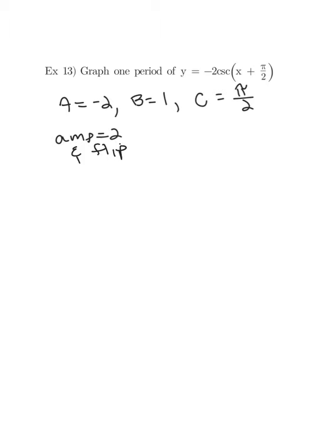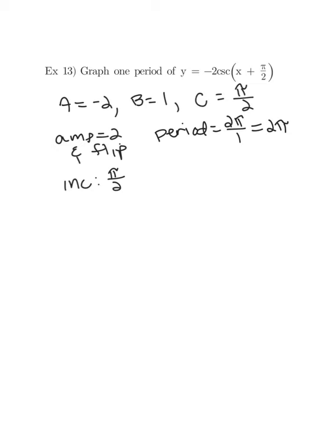Period, we are going to take standard length of 2 pi divided by 1. So period is 2 pi. Anytime our period is 2 pi, then we use the basic increments of pi over 2.